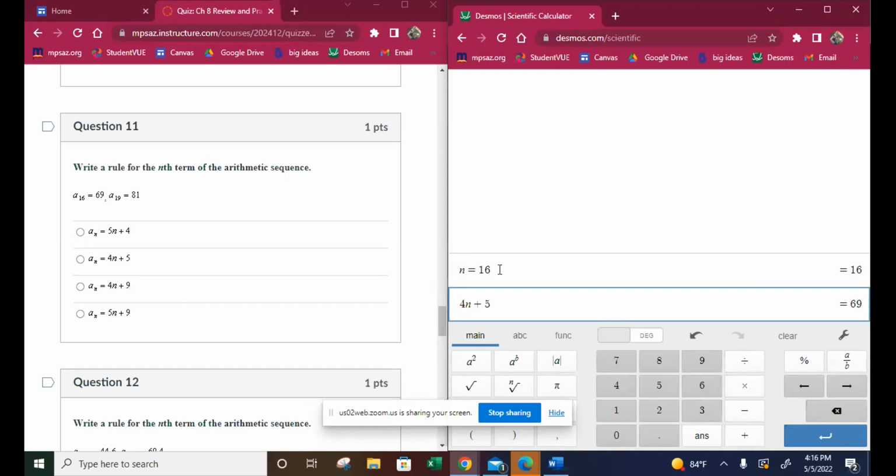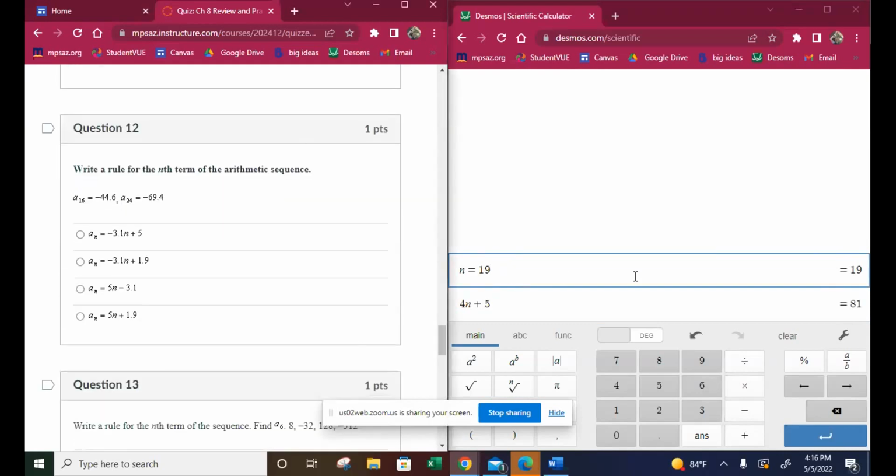And then try 19 for n, because that's the other one that they're giving you. Does that give you 81? Now, I mean, it's pretty unlikely that there's any other ones there that would be correct. So that's pretty solid. Got it.